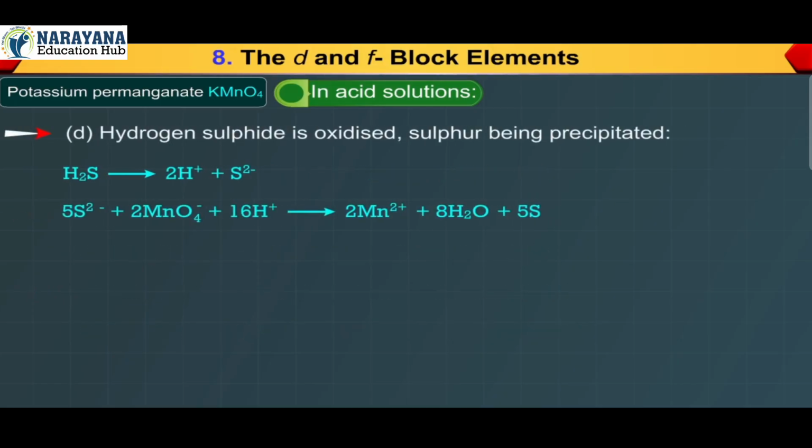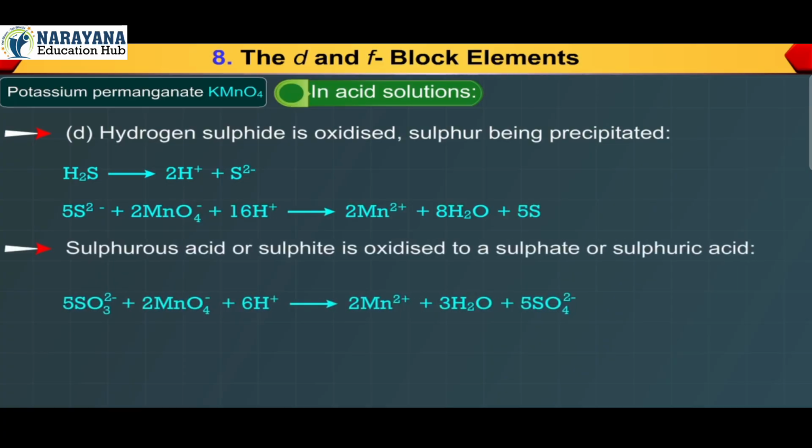D. Hydrogen sulfide is oxidized, sulfur being precipitated. H2S gives 2H+ plus S2-. 5S2- plus 2MnO4- plus 16H+ gives 2Mn2+ plus 8H2O plus 5S.